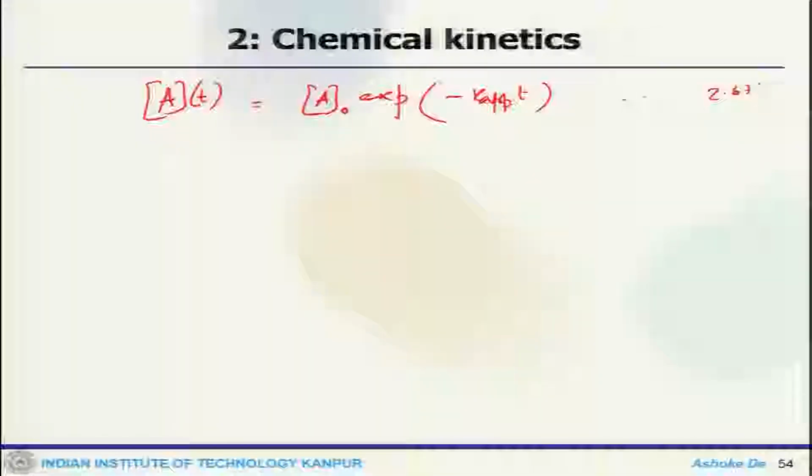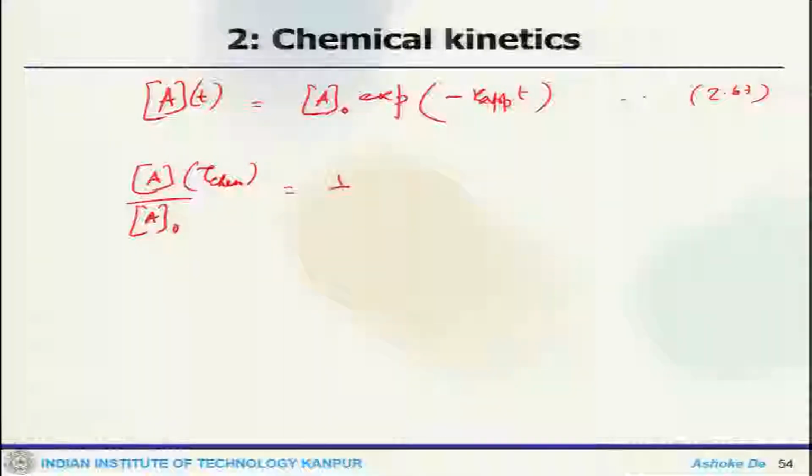Now the characteristic time scale can be defined as the time required for the concentration of A to fall from its initial value to a value equal to 1 by E times the initial value. That means the ratio of A to A naught will be 1 by E. This is the characteristic time scale.